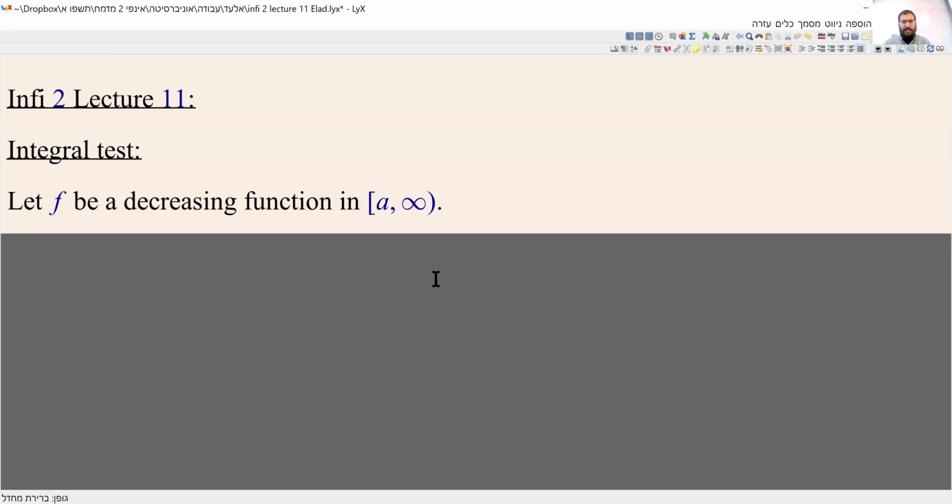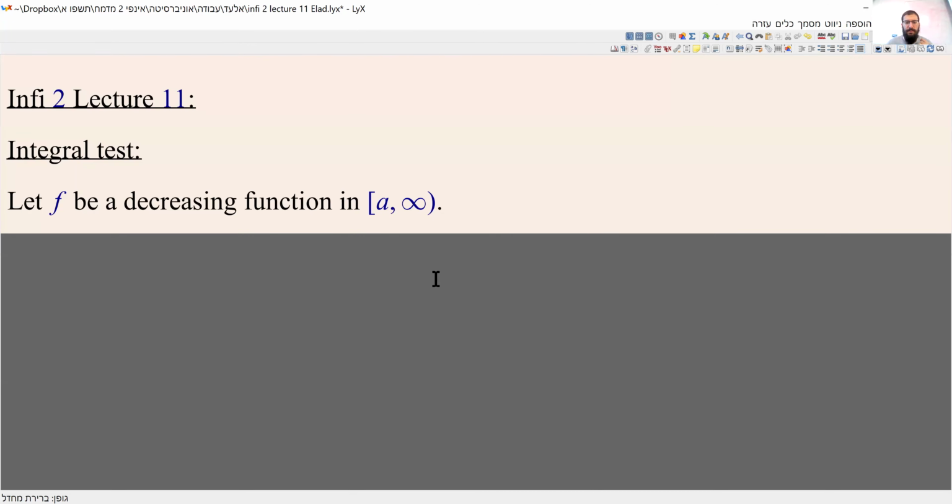As we proved, or at least mentioned, in lecture number 5, I think it was 5, a decreasing function, or an increasing one, a monotone function, is integrable, so we are very good, theoretically speaking.